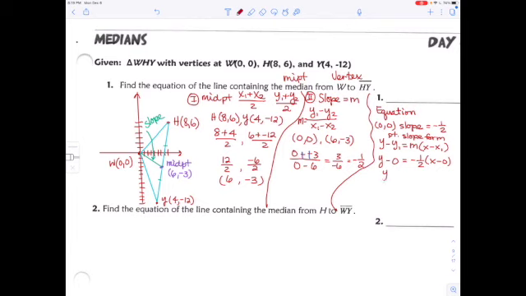And that's going to be y equals -1 over 2x, because when you distribute, the zeros cancel out. That will be your first equation, y equals -1 over 2x. And that's how you find the equation for the median.